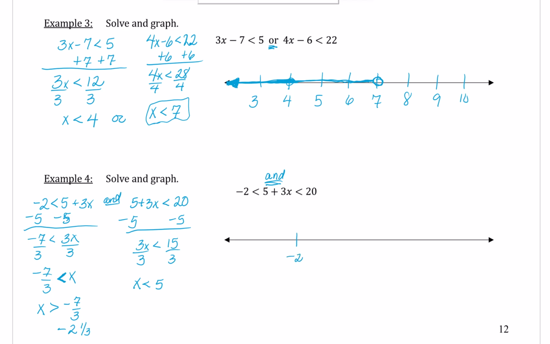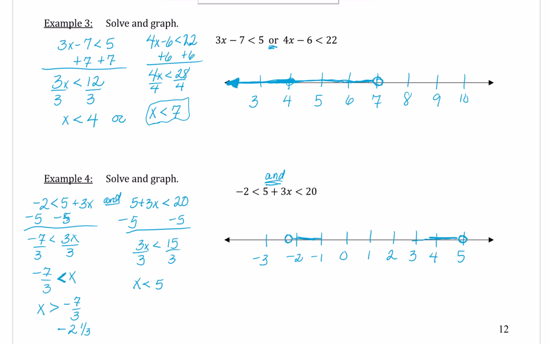So I have -2, -3, and then we're going to put in all of the numbers to 5. -7/3, we're just going to kind of put a spot here, and bigger would go this way, and less than 5 would be an open circle because we're not including it.